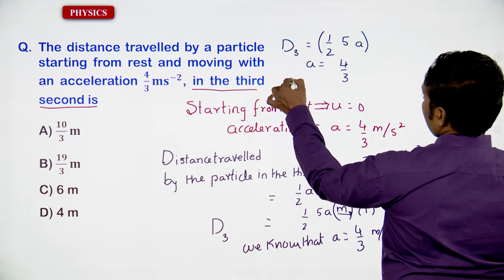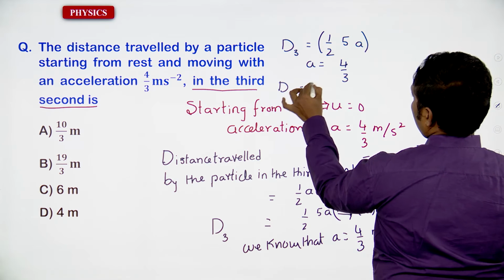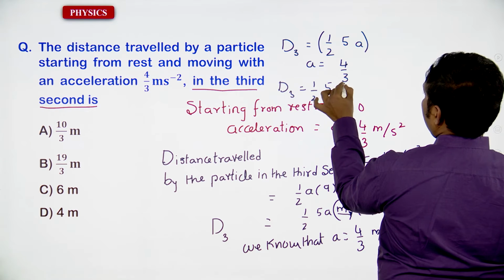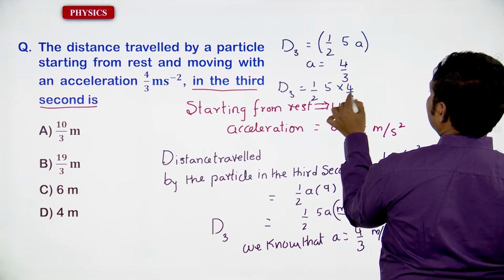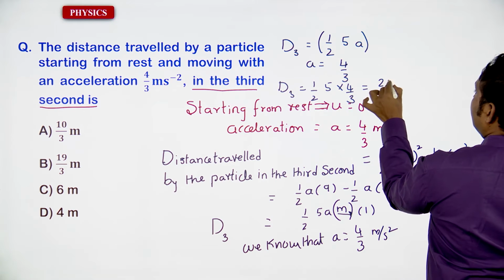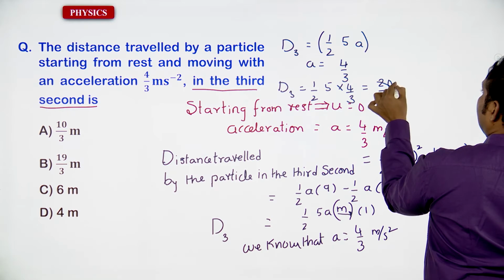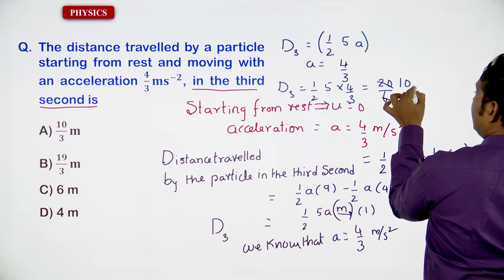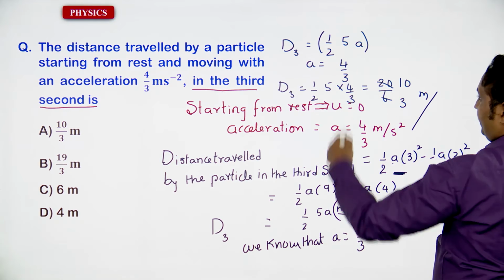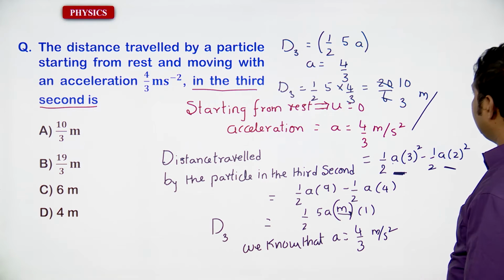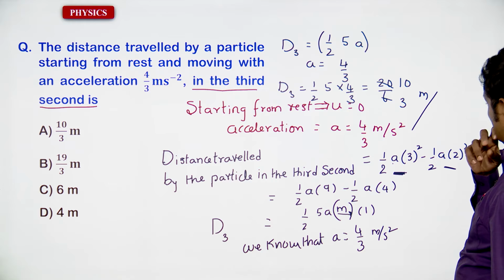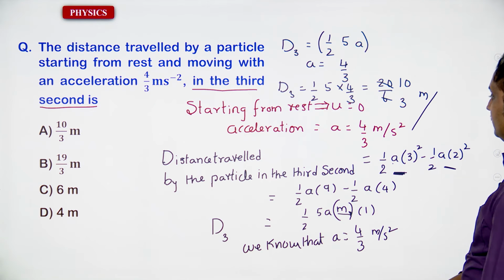So d3 is equal to 1 by 2 into 5 into 4 by 3. You are going to get 20 by 6, that is going to be 10 by 3 meter, after the cancellation.